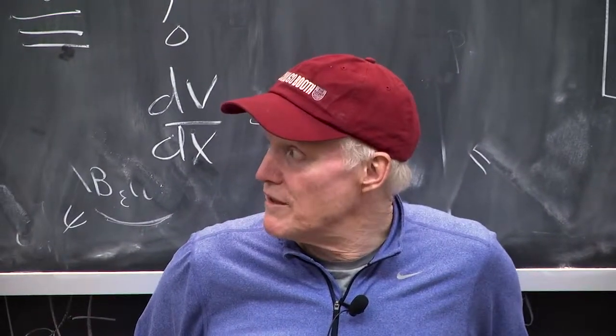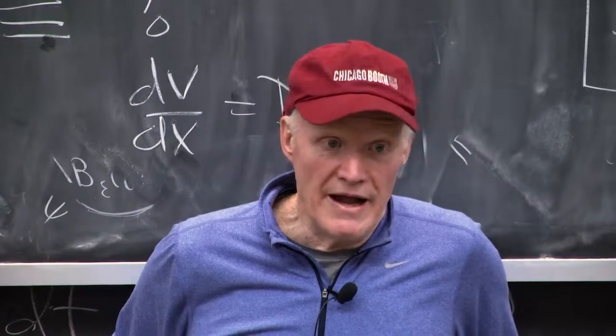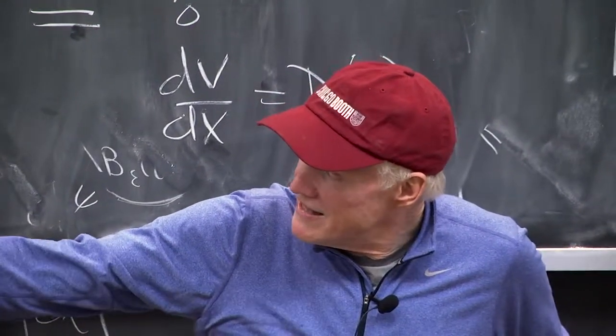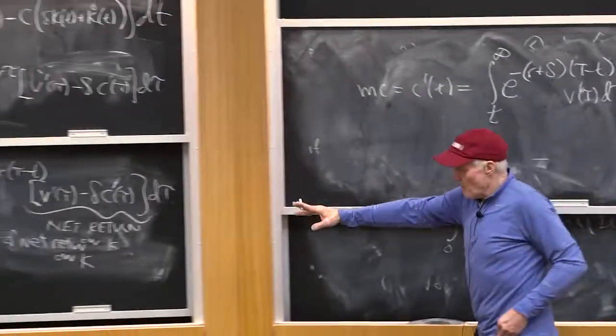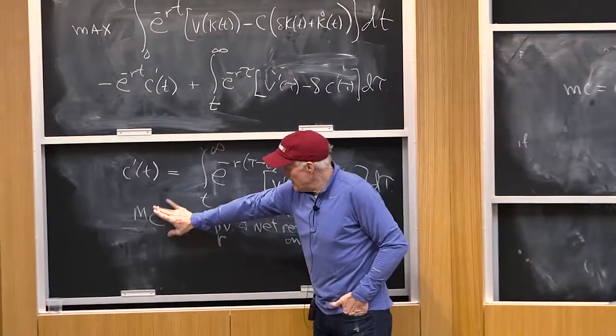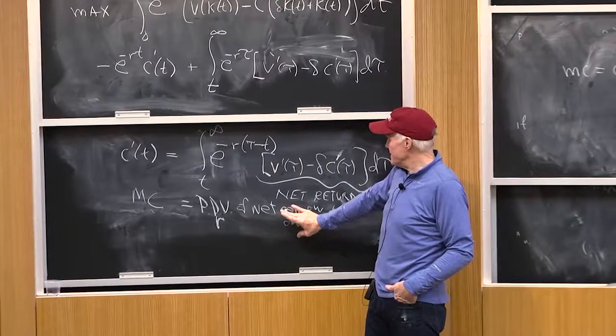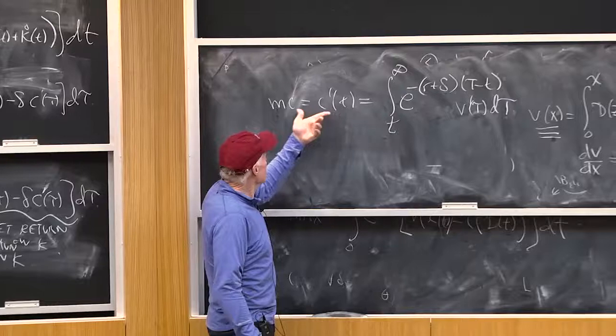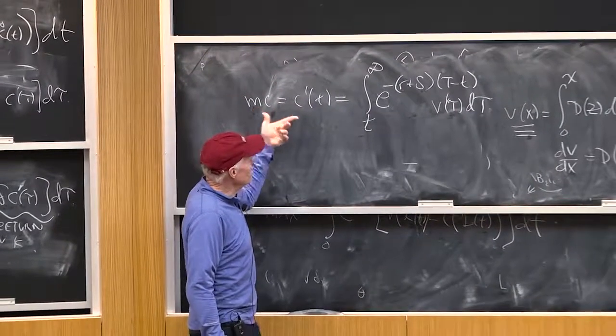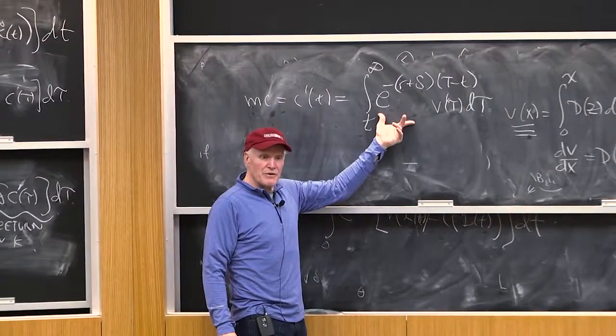But these are two equally valid approaches. And if we write down this problem, you can see this is our equilibrium condition, because this is marginal cost of investment equal to the present discounted value of the net return, or equivalently, this is really the formula we use: the height of the supply curve equal to the present value of future rents.